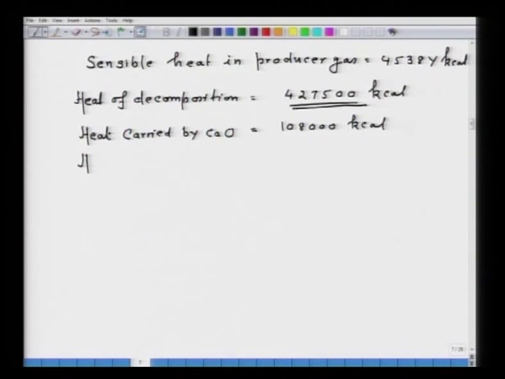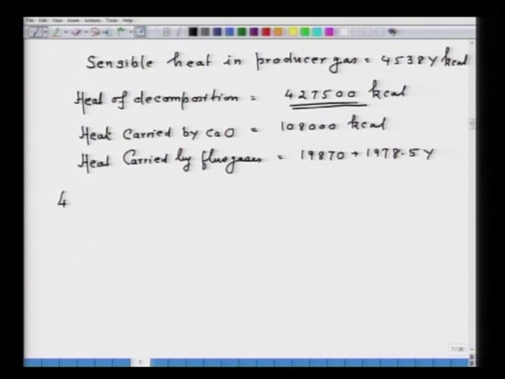Now, heat carried by flue gases, that will be equal to 19870 plus 1978.5 Y. Now, all that you have to do is the heat balance.